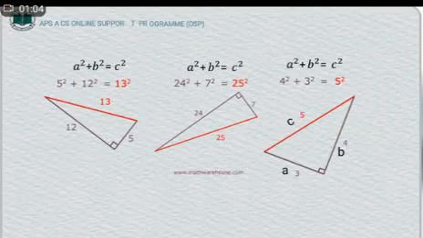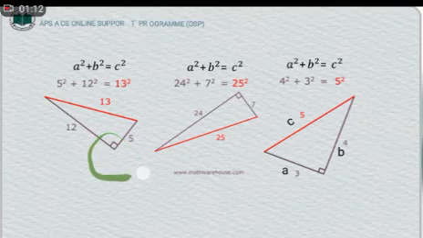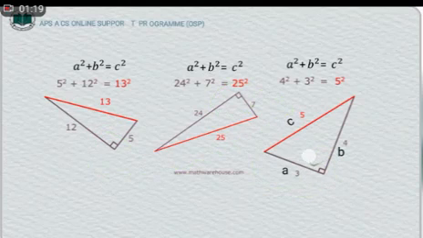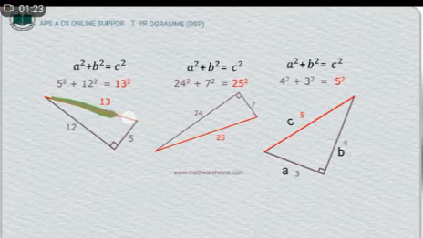Now you can see we have a few triangles here. First of all, identify the right angle in each of the figures. Now the side opposite to the right angle is the hypotenuse. It means we can apply Pythagoras theorem in these three triangles.